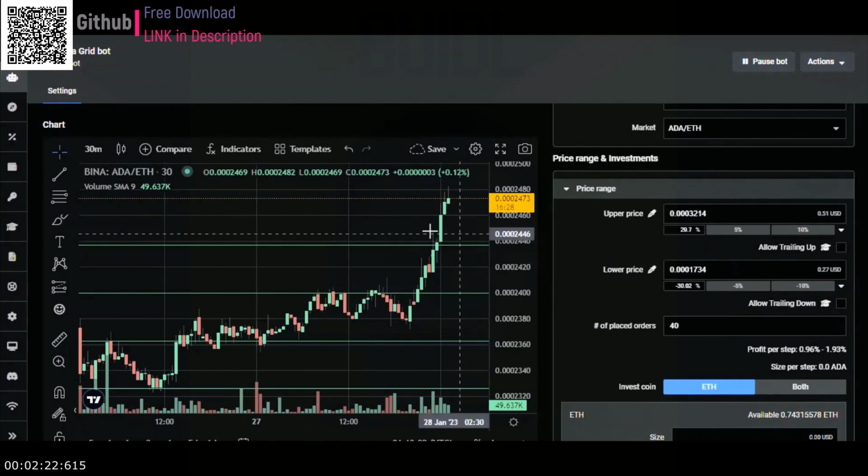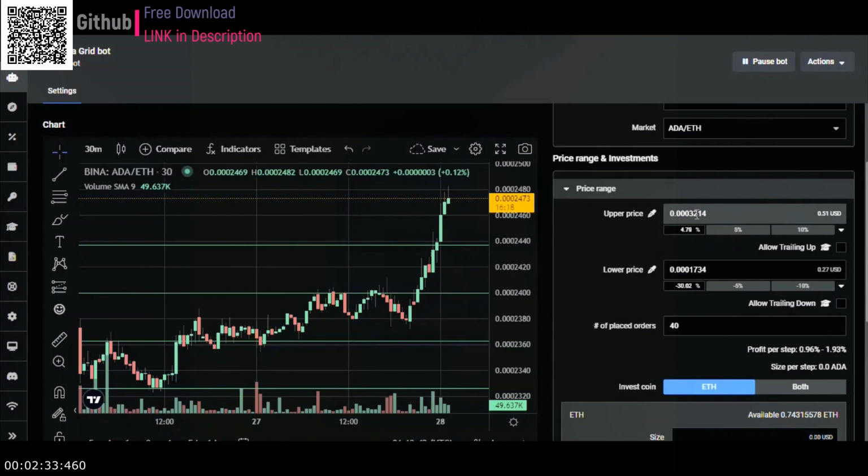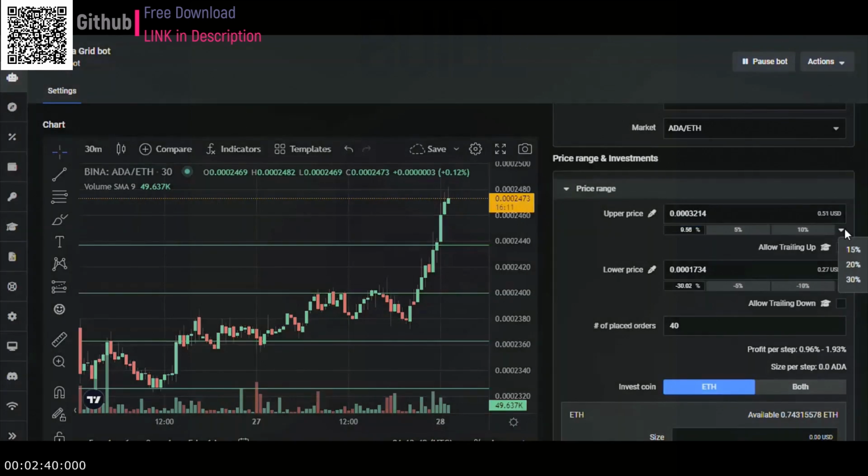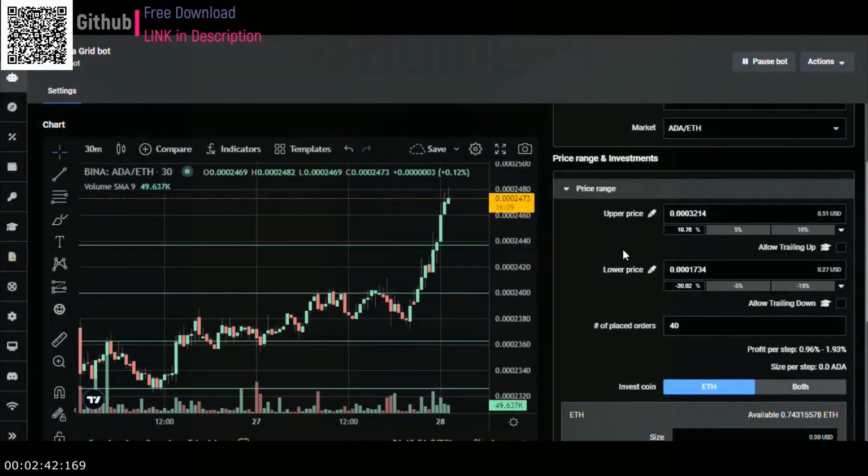So for the grid bot, we have to define the upper price and the lower price, or the upper line and the lower line. You can select from here how much you want to go up as a percentage. If I select 5%, the price would change, and 10%, or I can select whatever I want, right?